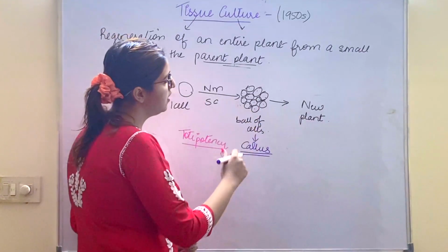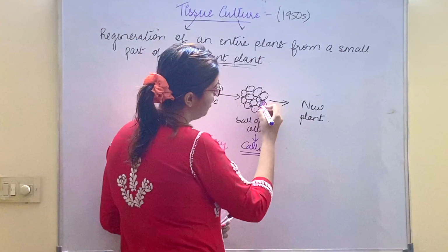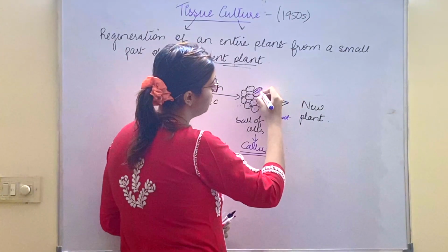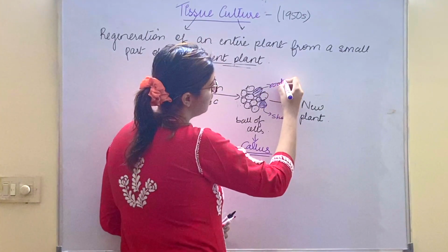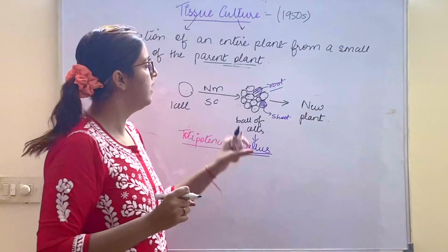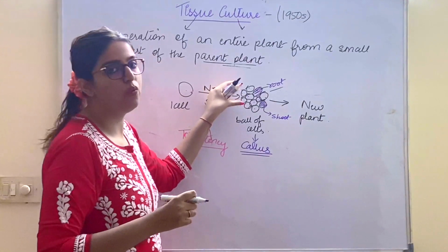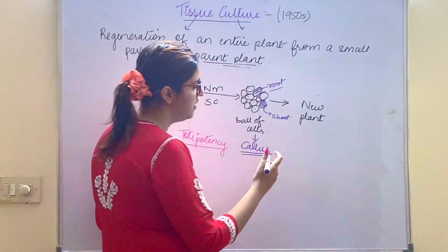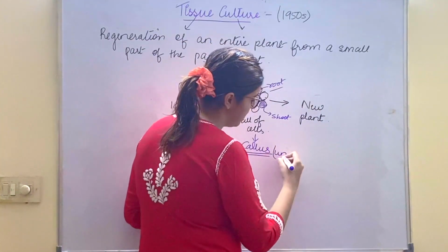Now in the callus, this cell might make the shoot, and let's say this one makes the root. There is no differentiation right now as to which cell will form which part of the new plant, right? So such a group of cells is called undifferentiated cells.